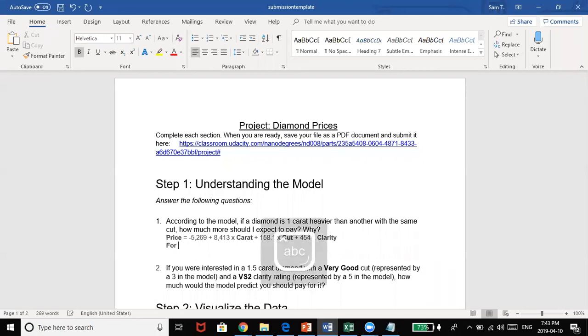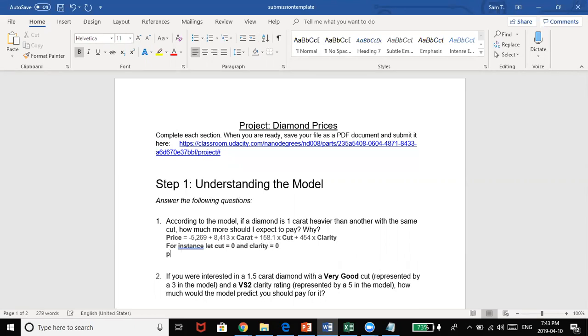So for instance, let our cut be equal to 0, and then our clarity be equal to 0. So therefore, our price would be equal to negative 5,269 plus 8,413 multiplied by 1.